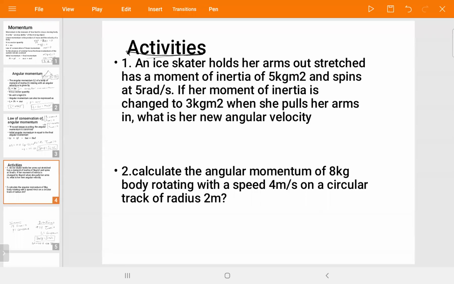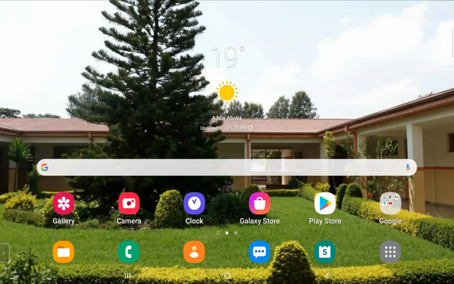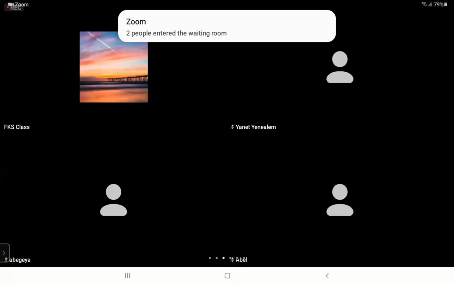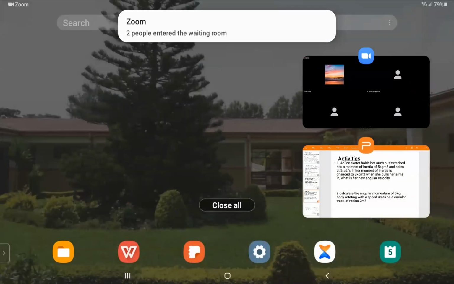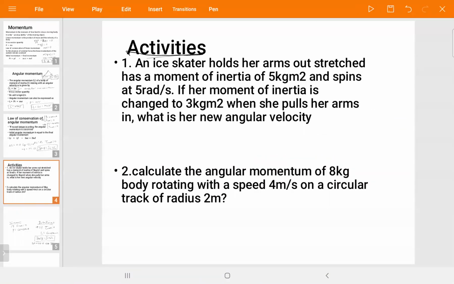Okay, we have two activities. The first one: a skater holds her arms outstretched, has a moment of inertia of 5 kilogram meter square, and spins at an angular speed of 5 rad per second.